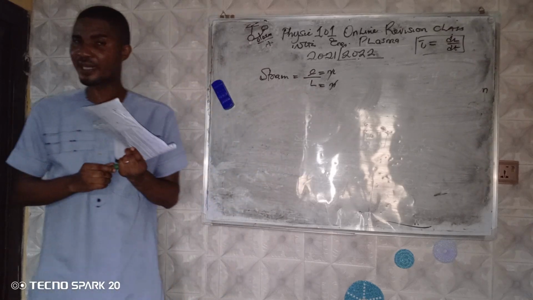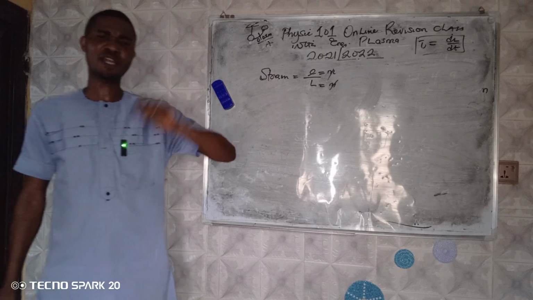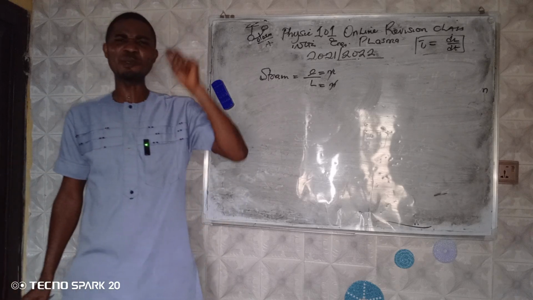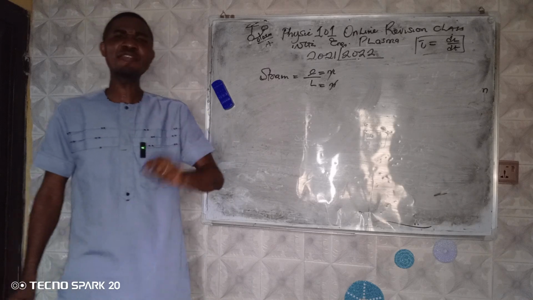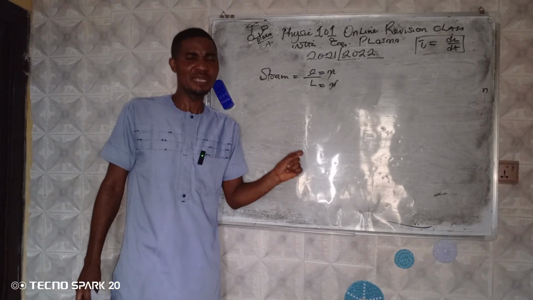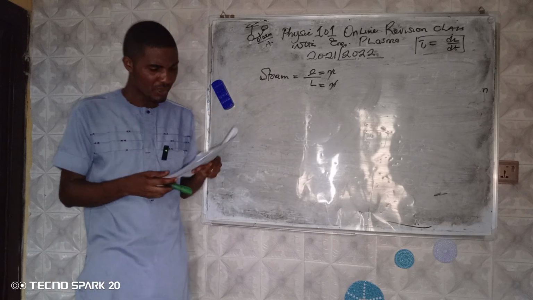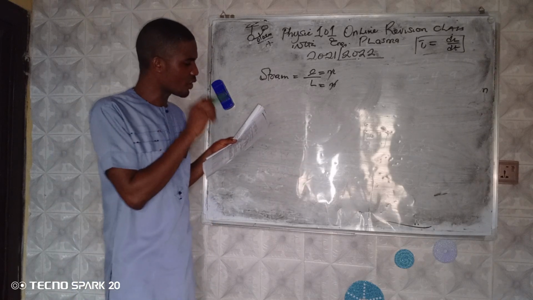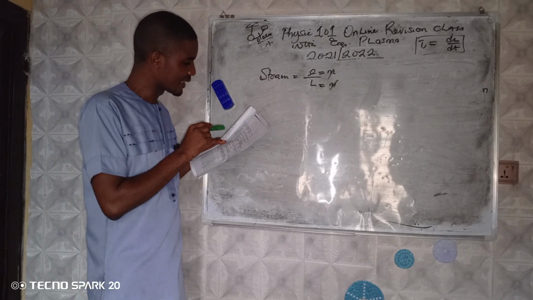Now, listen to this very important information. For you to be able to give dimension of a physical quantity, it must be based on its unit of measurement. Meaning that any physical quantity that does not have unit of measurement might not be able to be dimensioned. So, let's see. Velocity has unit of measurement, option A, so it must have dimension.